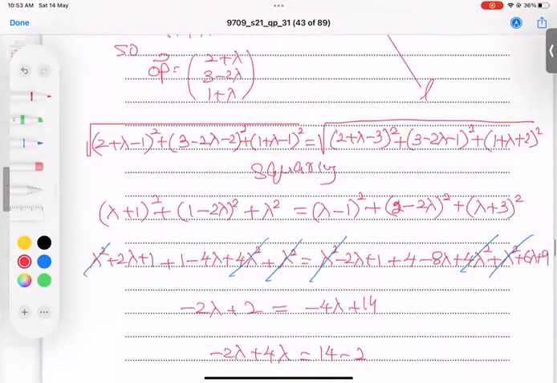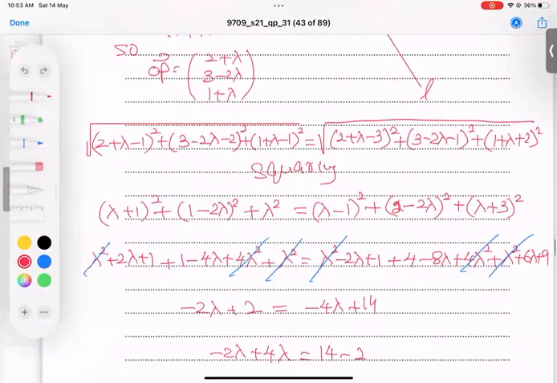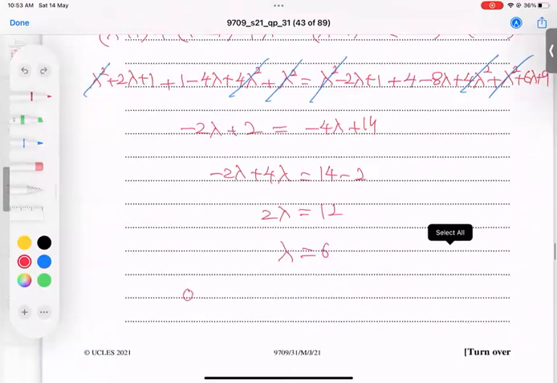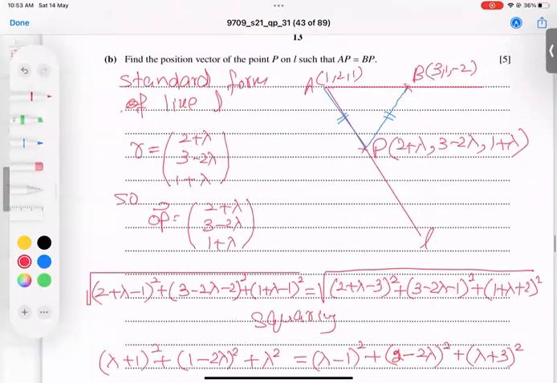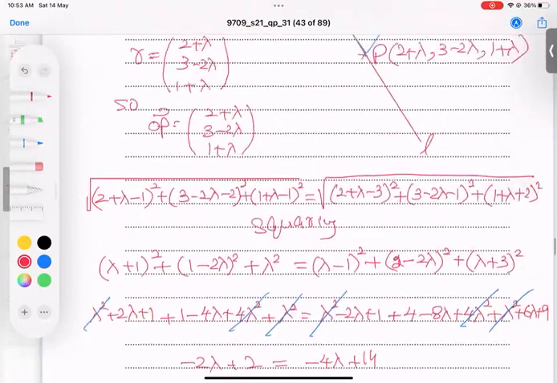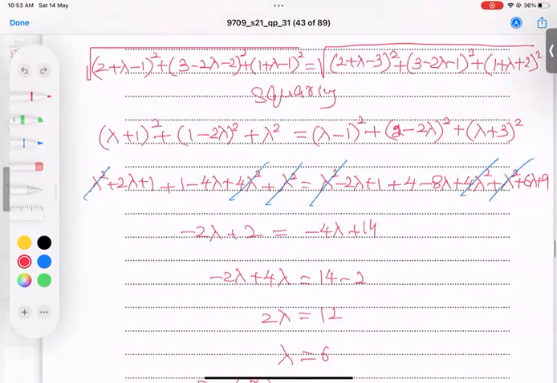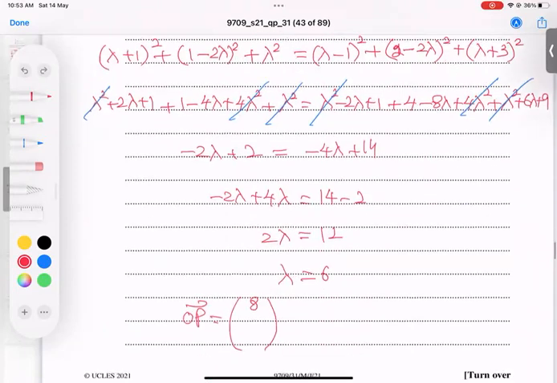And now this lambda, I'll plug in here or here. But because OP is the position vector of that P, so I plug in here. So when 6 plus 2, 8. So 8. The 6 to the 12 and 3 minus 12 give you negative 9.